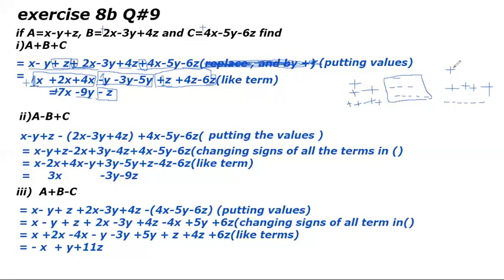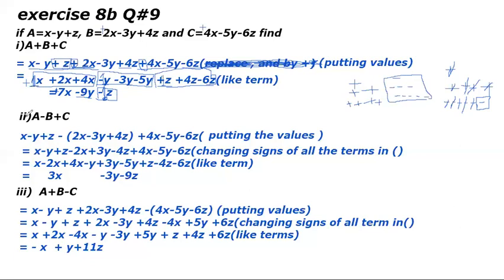Now we will cancel one positive sign with one negative sign, second positive with second negative, third positive with third negative, fourth positive with fourth negative, fifth positive with fifth negative, and you can see only one negative sign is left. So negative z or negative 1z.